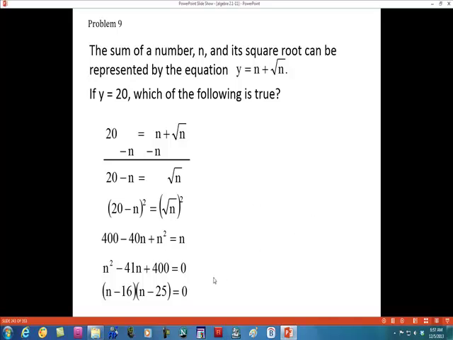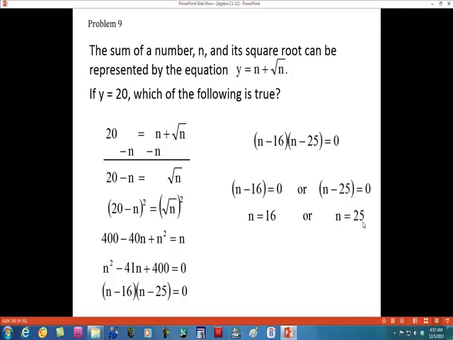All right? So here's my equation here. Either this is 0 or this is 0. If this is 0, then n is 16. If this is 0, then n is 25. So we have two solutions, but we have to check them, okay?